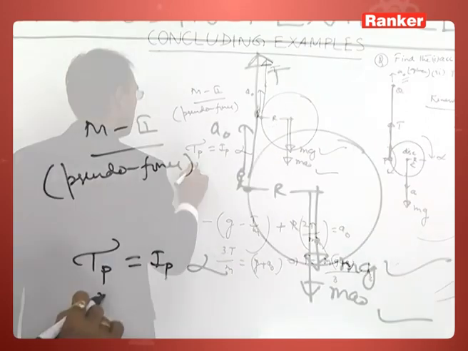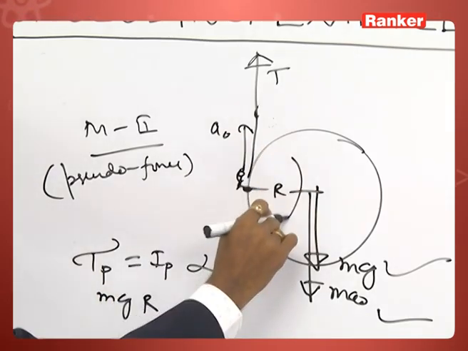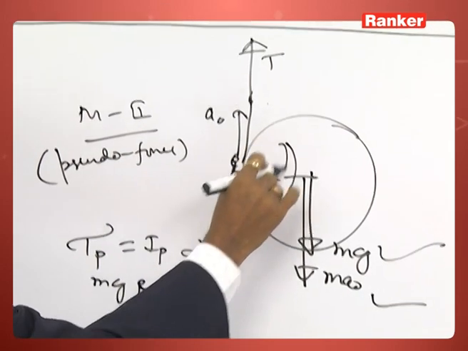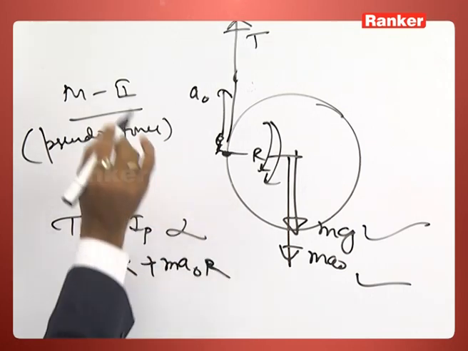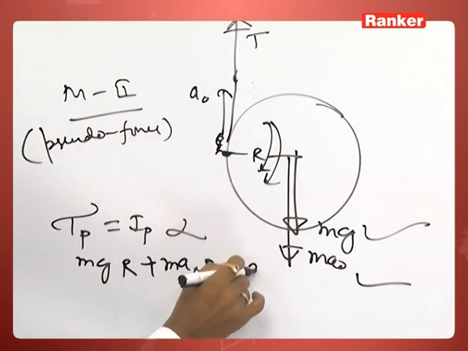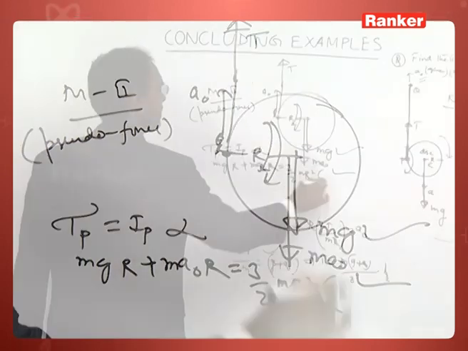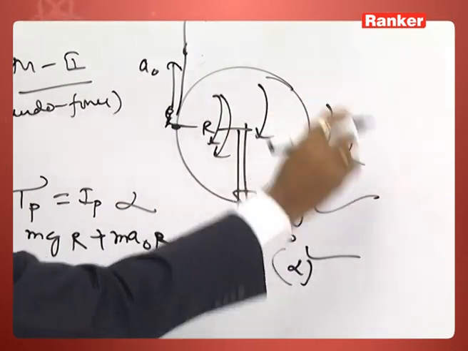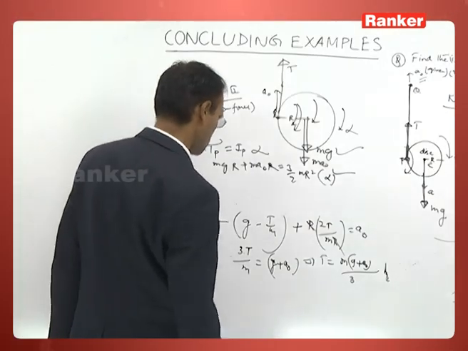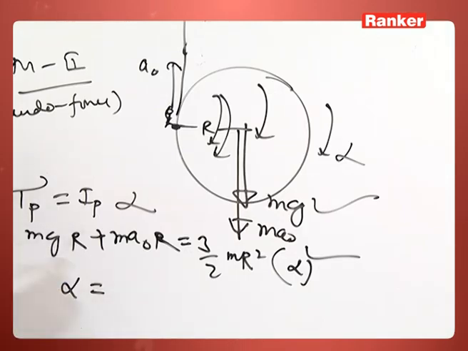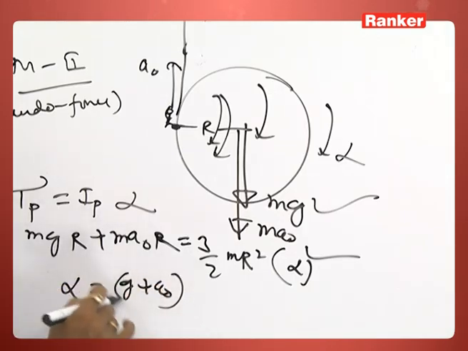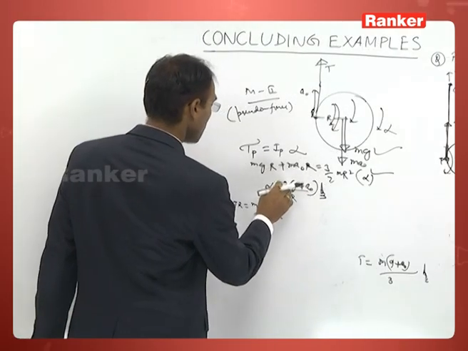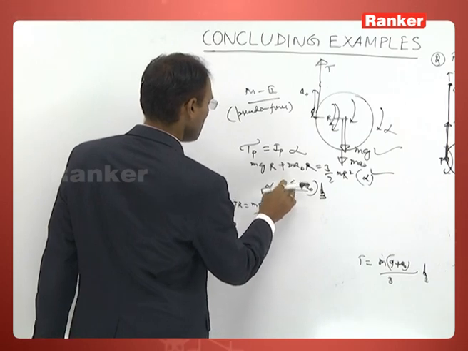Tau p is equal to mg into r in this direction, plus m a naught into r in this direction, is equal to Ip, 3 by 2 m r squared, into alpha in this direction we have assumed. So we are getting alpha is equal to 2 by 3 into g plus a naught by r. Answer.